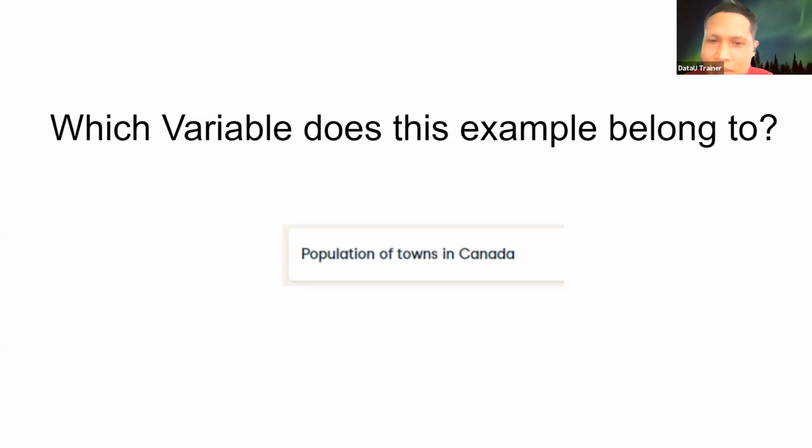So we're talking about the population of each town. What do we think? Is it categorical or continuous? Categorical for that slide. Mr. Kian, what did you say? I think it's categorical. All right, and do you know why?